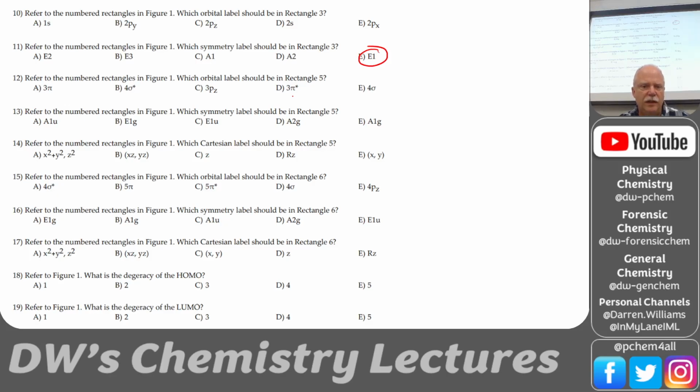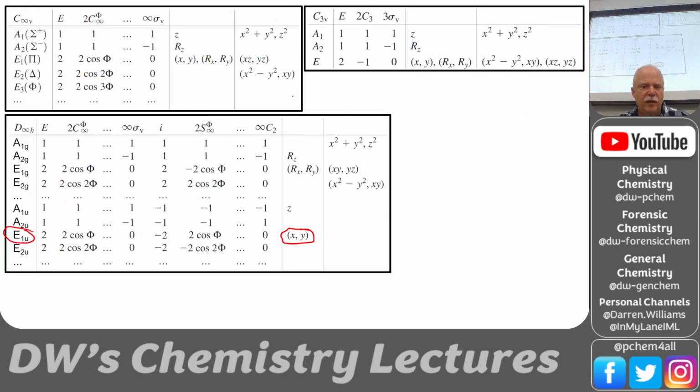And so we find XZ symmetry in the character table. Here's X. Let's see, XZ. That's weird. There's a mistake in this character table. Look at that.